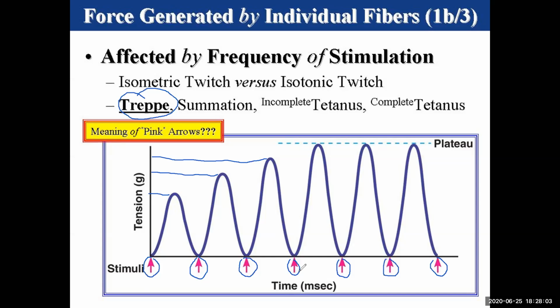And by the fourth application, it peaks out. So this is the plateau here. Right, so this is the first application, the second, the third, and by the fourth application, the fifth, the sixth, and the seventh is not shown, but it plateaus out.